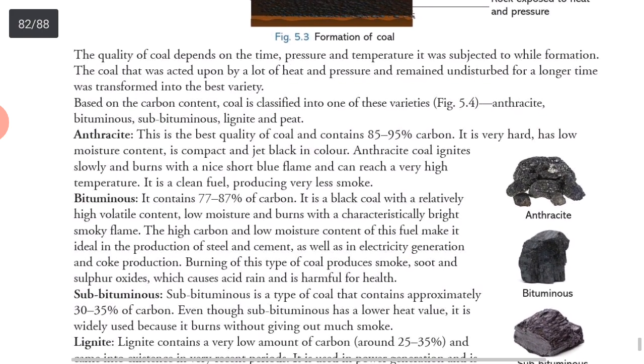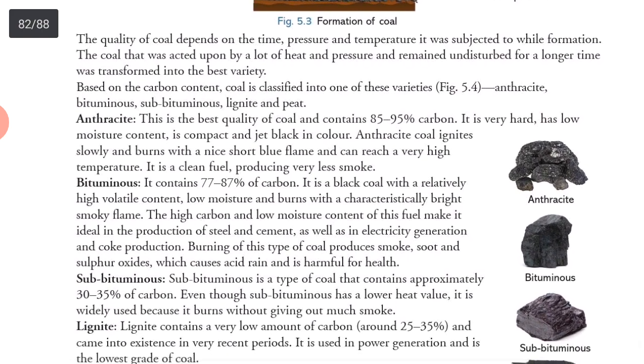Now, different types of coal are shown over there. Based on the carbon content, coal can be classified into various categories: anthracite, bituminous, subbituminous, and lignite. Anthracite is the best quality of coal, and a question can be asked in MCQs also, which type of coal is the best quality of coal.